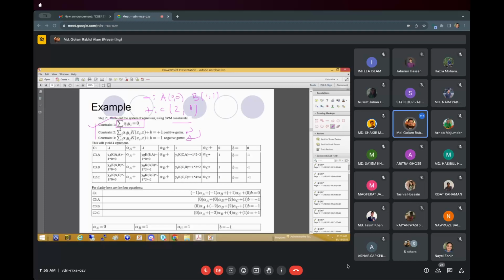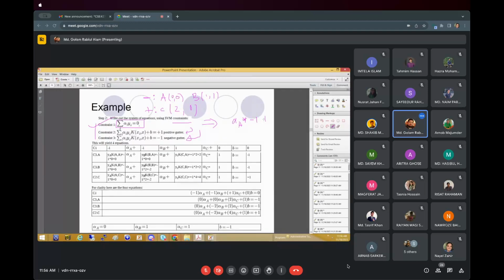Now we can see alpha i and yi. If we write this equation, it will become alpha A times yi. Yi is our class label. In this case A is negative class, so that means negative one.